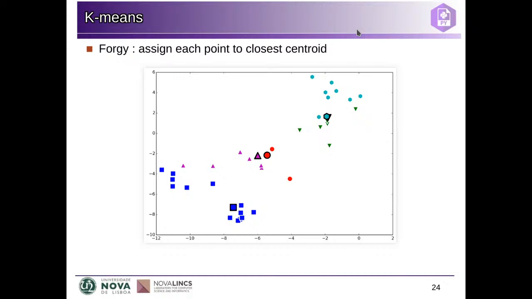And now we're going to update the position of our centroids, of those points representing the clusters, so that each one is at the mean point of the points in its group. So we're going to recompute the position of the centroids, shift them, and recompute the clusters. When we change their position, for example the triangle here, we recompute the clusters, we change again, and some points start changing because the centroids are moving.